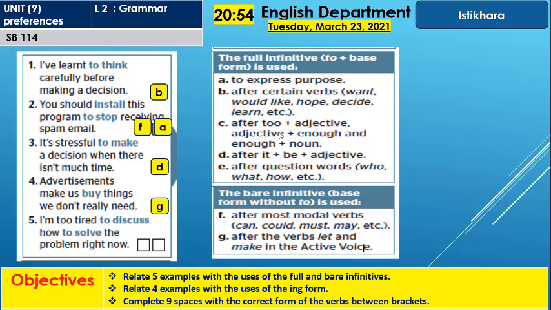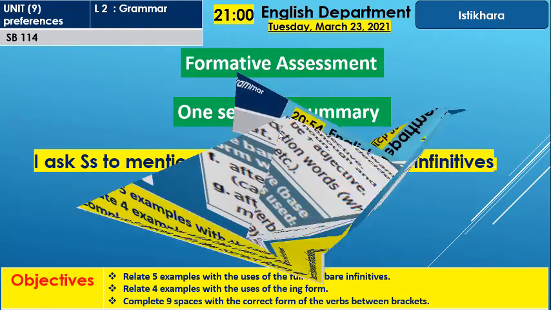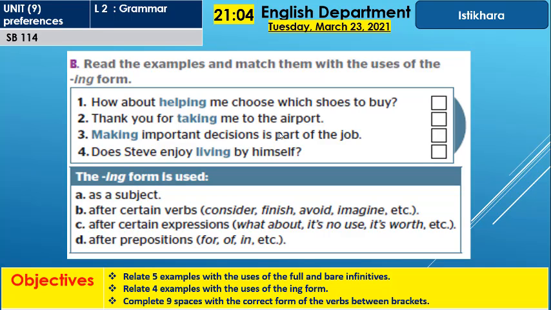The first one comes after to plus adjective, which is C, and the last one, to solve, is after a question word, which is how. Great. Let's go to the next task, task B.